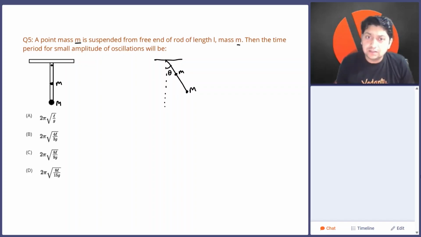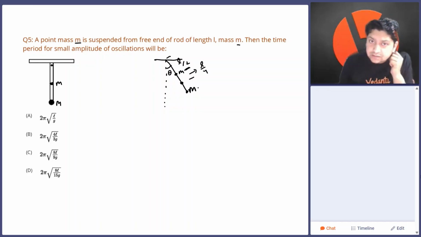What is important is that we need to figure out the center of mass of the whole system. The center of mass of the whole system will lie at the midpoint of the two masses, because both the masses are the same. So this distance will be L by 2, and this distance will be L by 4. So this complete distance will be nothing but 3L by 4.